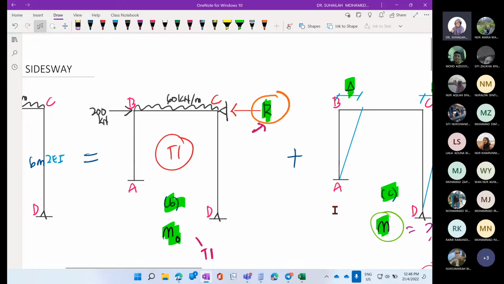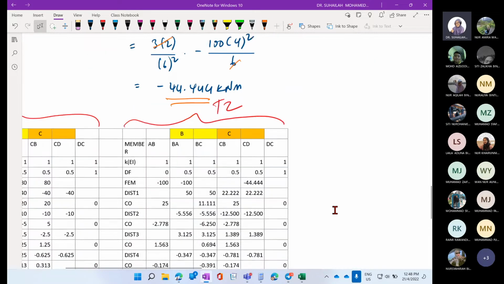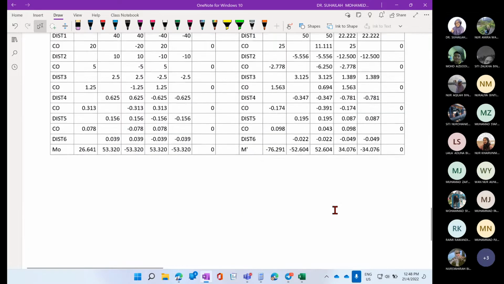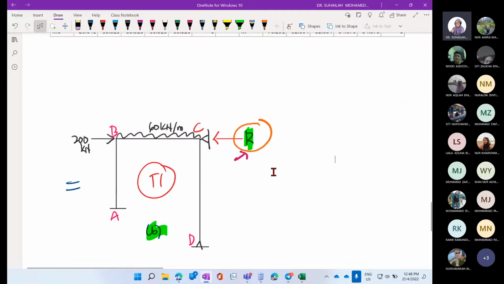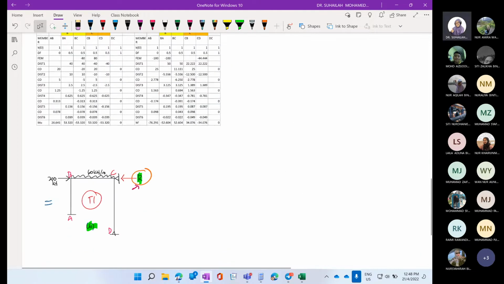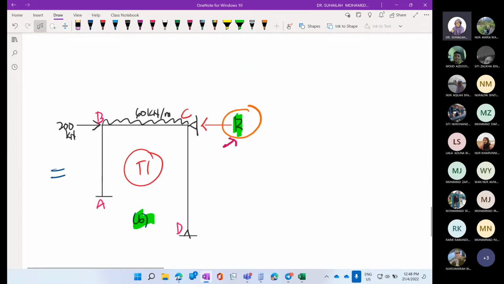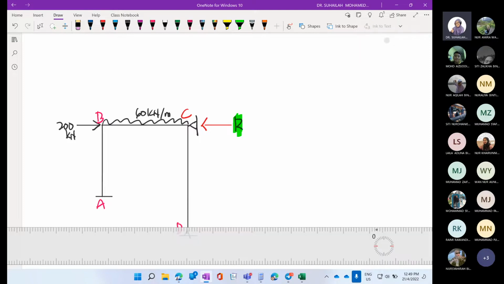Actually, determining the R and R prime values is the same process, using two different tables, table 1 and table 2. For table number 1, this is the frame. What we need to do to analyze this is first draw the free body diagram.